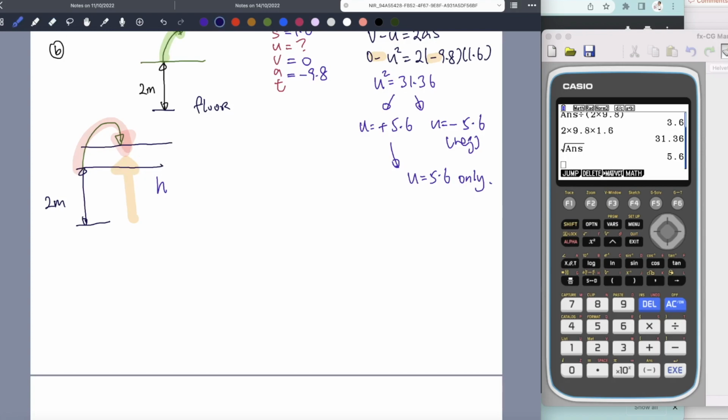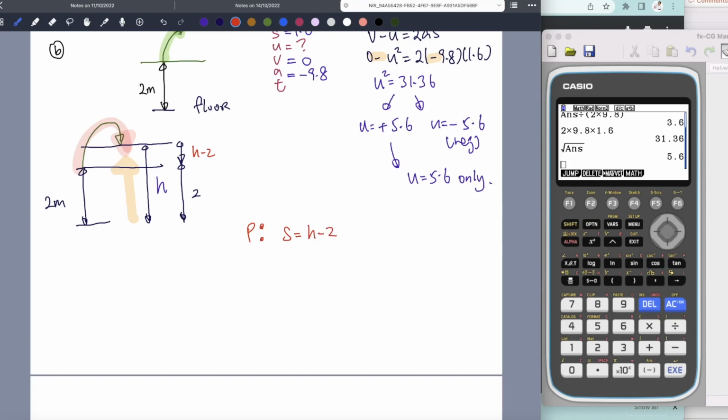If the whole length is h and this length is 2, what's the remaining length? h minus 2. That h minus 2 is the displacement above P. P itself would have an S of h minus 2.